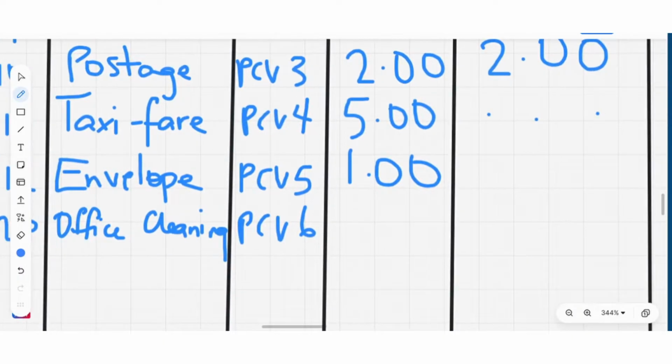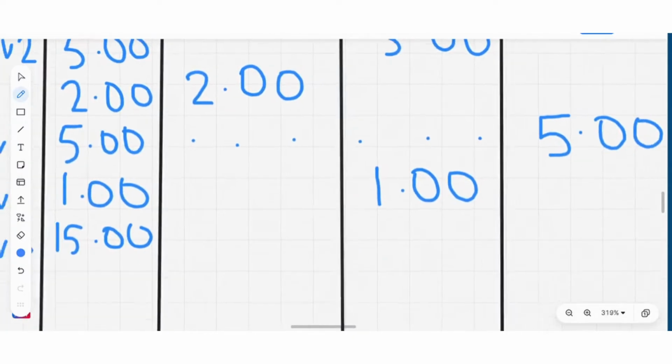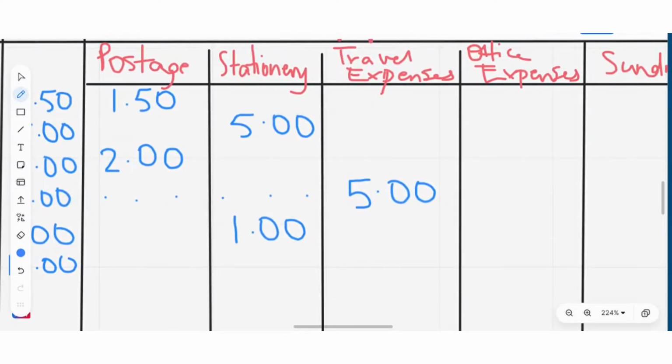That amounted to $15. And now, because this is an expense to clean the office, it would go under office expense, right? Office expense. So you go right over there and you put the $15 there.